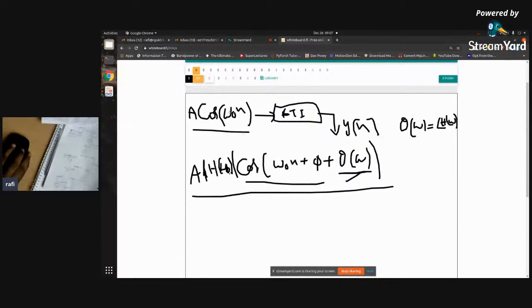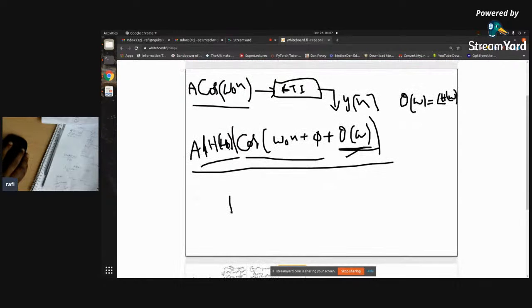The phase of this real signal will get modified by the corresponding theta of omega, and the amplitude of this real signal is modified by mod h of omega naught. If you do it for a cosine signal, this is the thing we need to see.